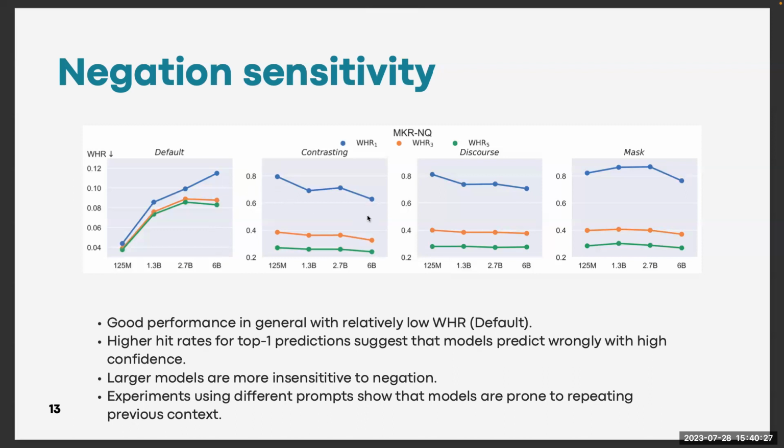The contrasting one was meant to be easier, because they are given more context. But that is not what we observe in those cases. So we can conclude that they are prone to repeat what is given more than understand the difference between the negation and non-negation context.